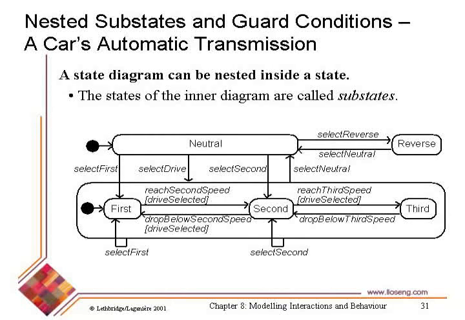A few things to notice. If I'm in third and I drop below third speed, I will go back to second. There's no guard condition on that. And the reason why is because there is no other thing that can occur. There is no way that I could manually get to third.